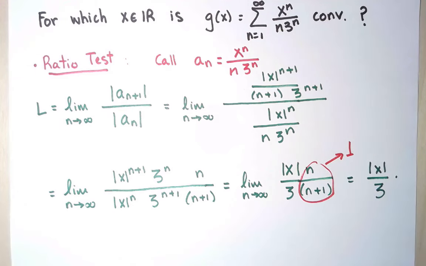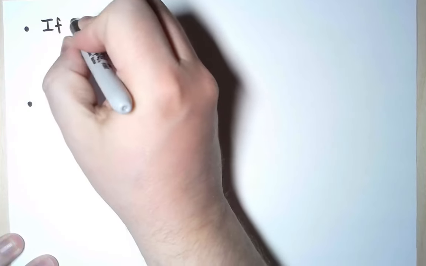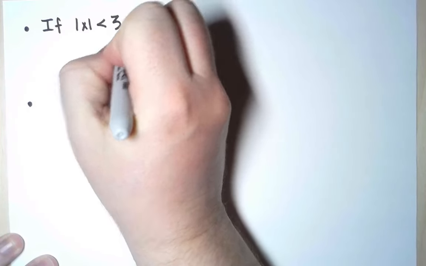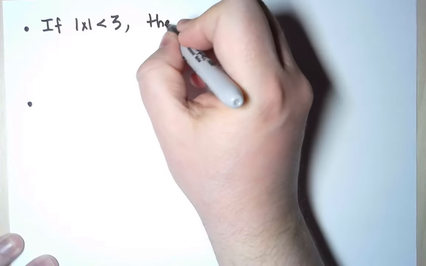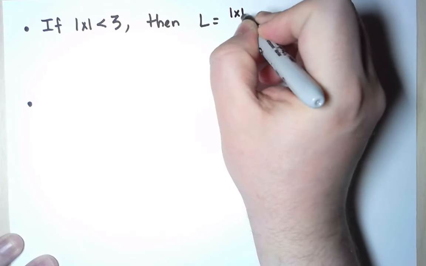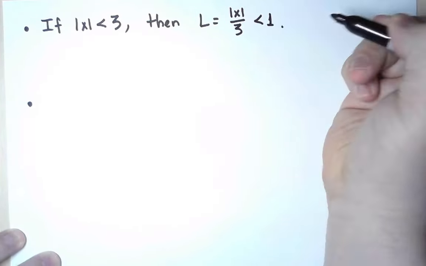Okay, no surprise here, the answer depends on x. Now, if this limit is less than 1, the series is absolutely convergent, and if it's greater than 1, the series is divergent. This takes care of most values of x. Let's write it down. The best case is when the absolute value of x is smaller than 3, because in that case, the limit we just computed is less than 1.